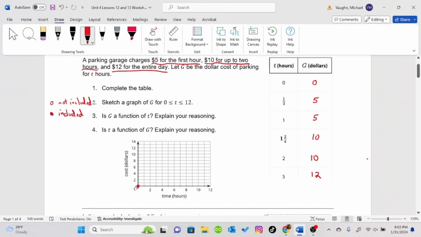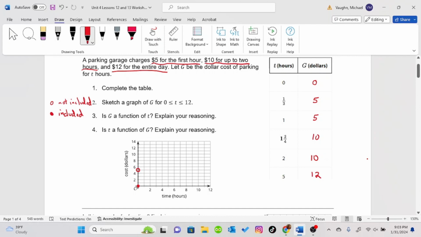Our next category is $5 for the first hour. So we can go up at 0 hours, go to $5, and draw a hollow dot there, because we are not including this because 0 hours cost $0, not $5.